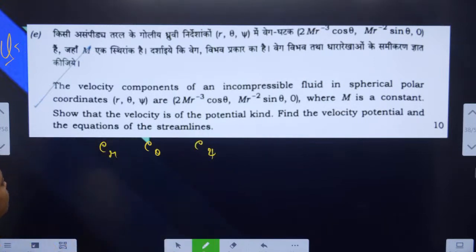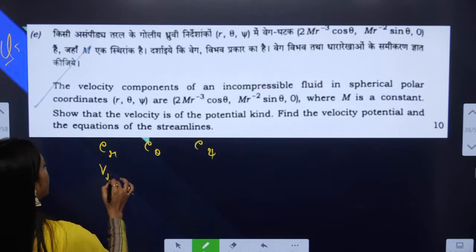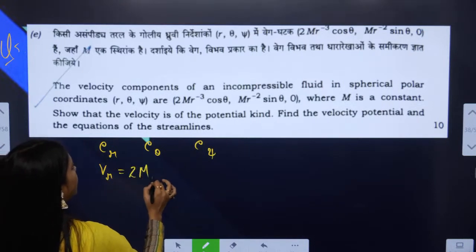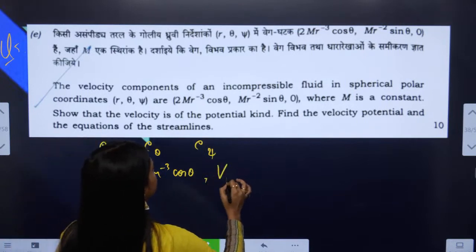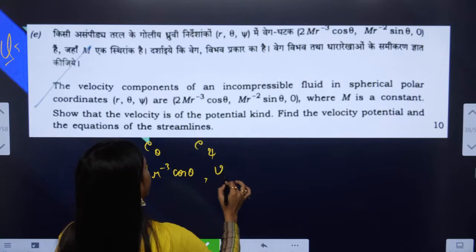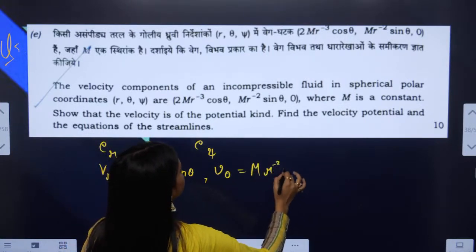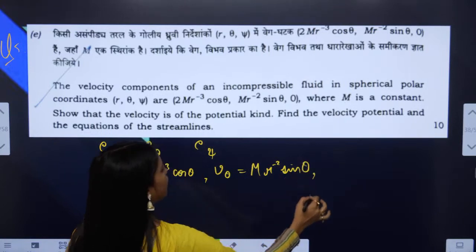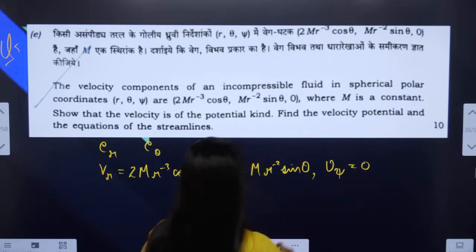Let's see what the question is. This is the velocity component. So the velocity component Vr is given as 2Mr^(-3) cos theta, V theta is given as (small v) M r^(-2) sin theta, and V psi is equal to 0.